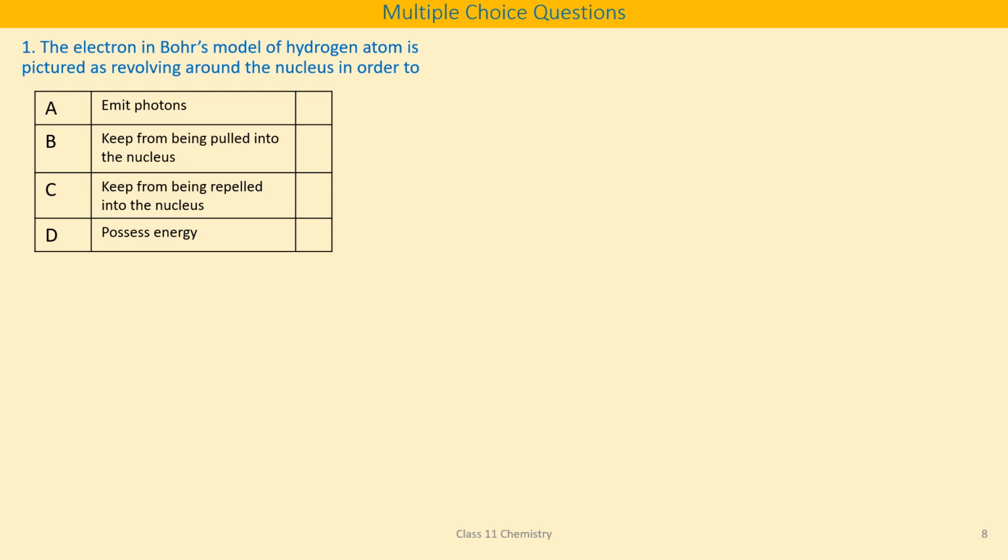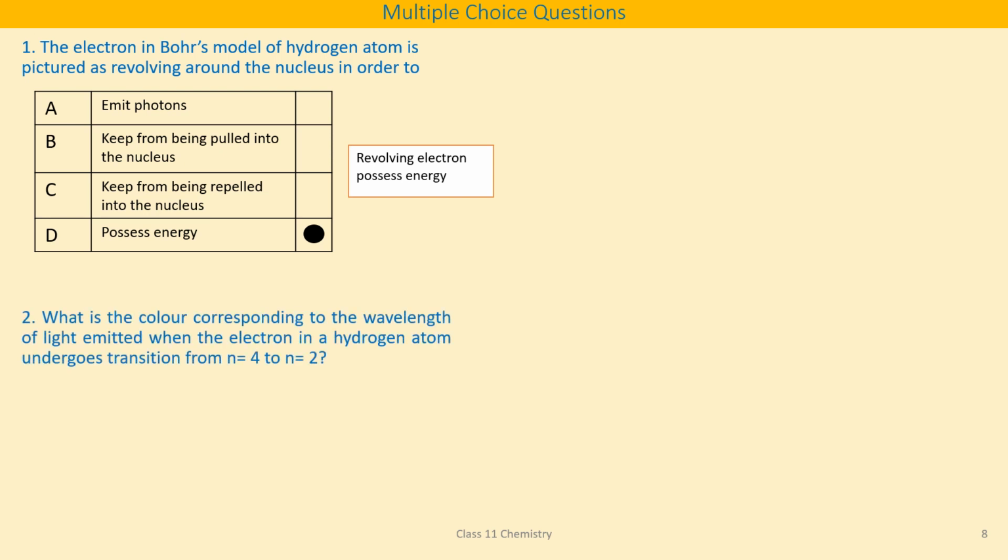You have to choose the correct answer. Please analyze, remember and recall that revolving electrons possess energy. So this option is given as option D. Please mark it.